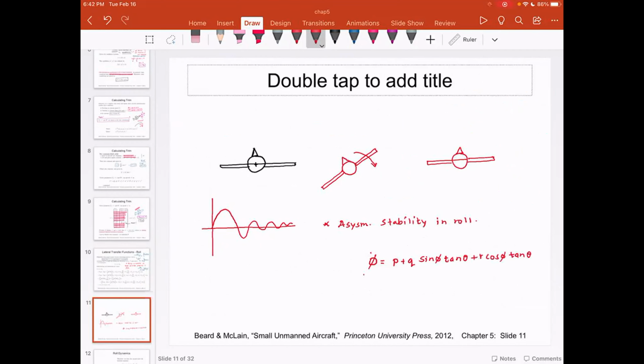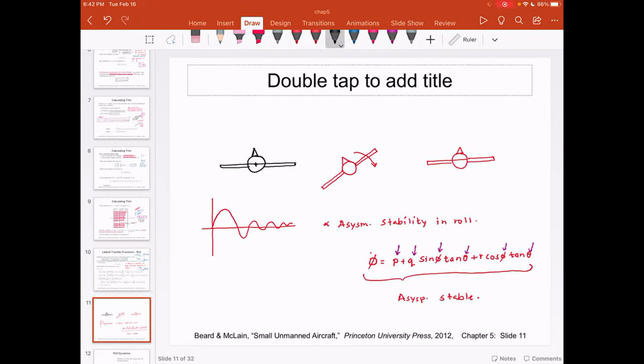At the end of the day, I want this differential equation to be asymptotically stable. Depending upon the values of P, Q, R, phi, and theta, this equation may or may not be asymptotically stable, which means the eigenvalues of this differential equation may or may not have negative real parts.